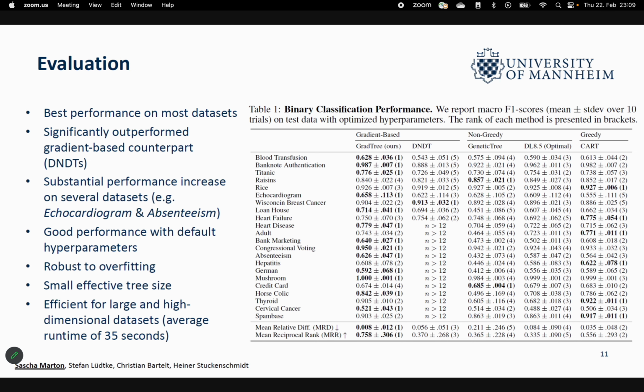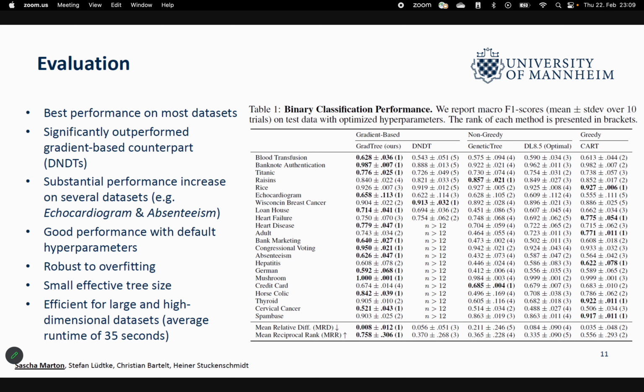As you can see, our method achieves the best performance on most data sets, and we also significantly outperformed our gradient-based counterpart. Also, there are some substantial performance increases on several data sets, as for instance, in the echocardiogram data set, which we also saw in the introducing example, and also in the absenteeism data set. Of course, there are some additional experiments in the paper, which I will summarize in the following.